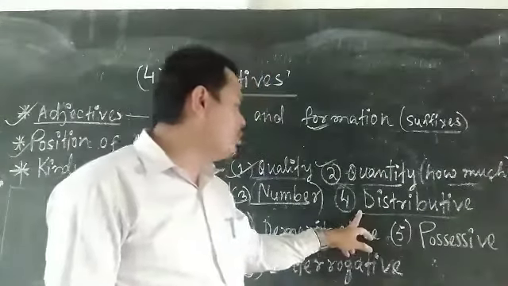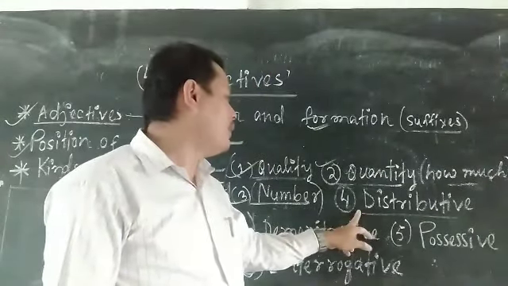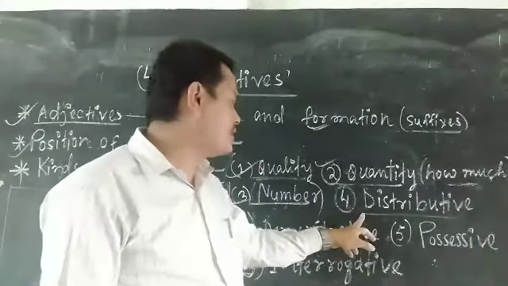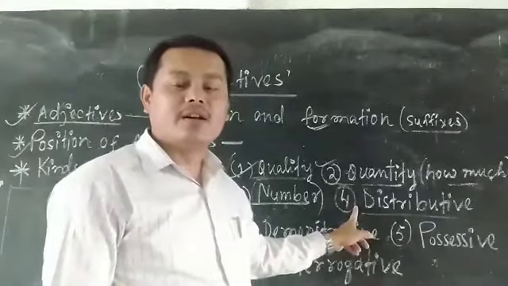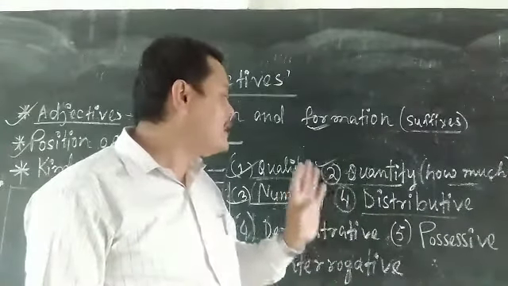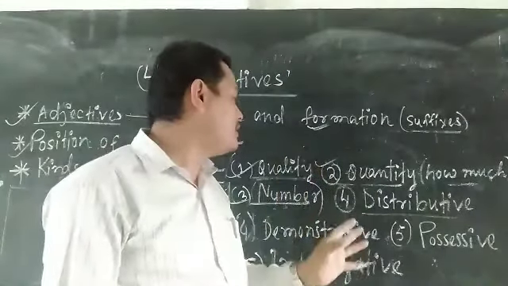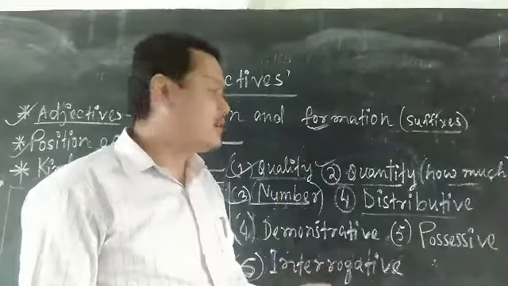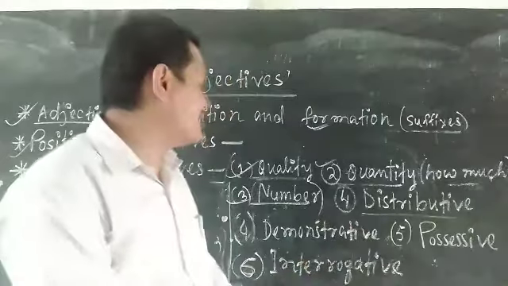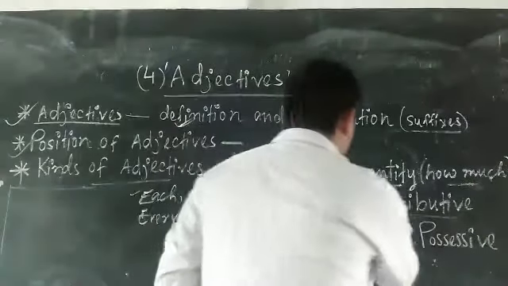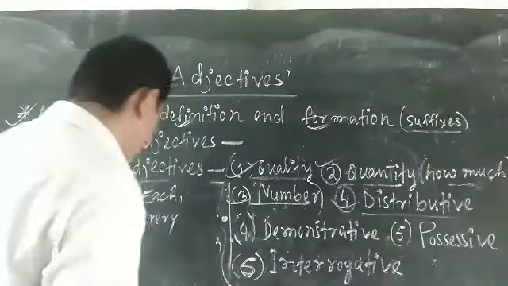So just remember the word distribution, and we all understand the meaning of the word distribution, and from there we can understand easily. So a distributive adjective refers to each group or each person in a group. For example, each, every, either, neither. So these are the examples of distributive adjectives.